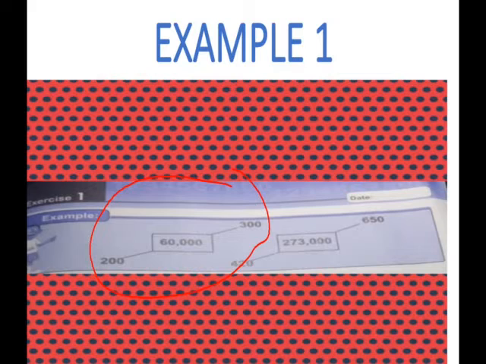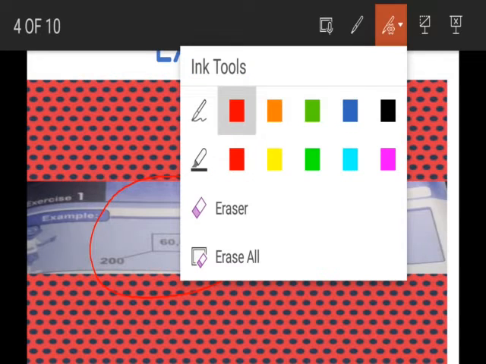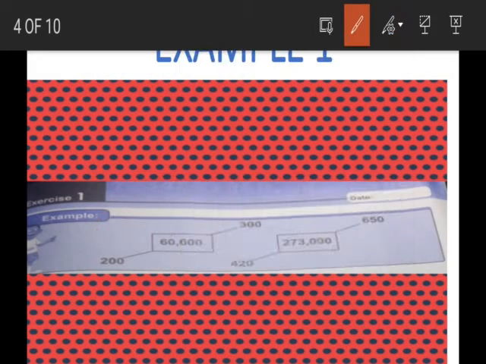Now, I just assume 300 was not given. Assume 300 was not given. How can you get your 300? Simple.